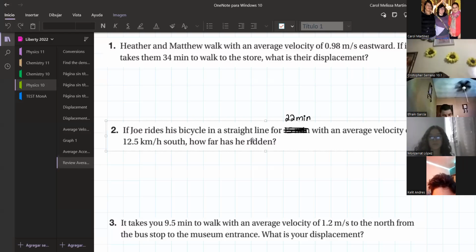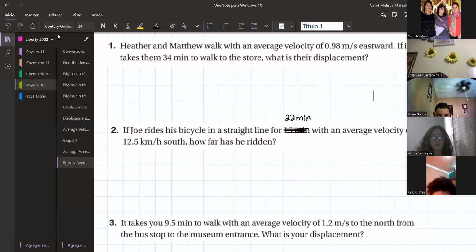So it says, if Joe rides his bicycle in a straight line for 22 minutes with an average velocity of 12.5, this value I'm also going to change because I need you to also practice conversions, 16 kilometers per hour south, how far has he ridden?